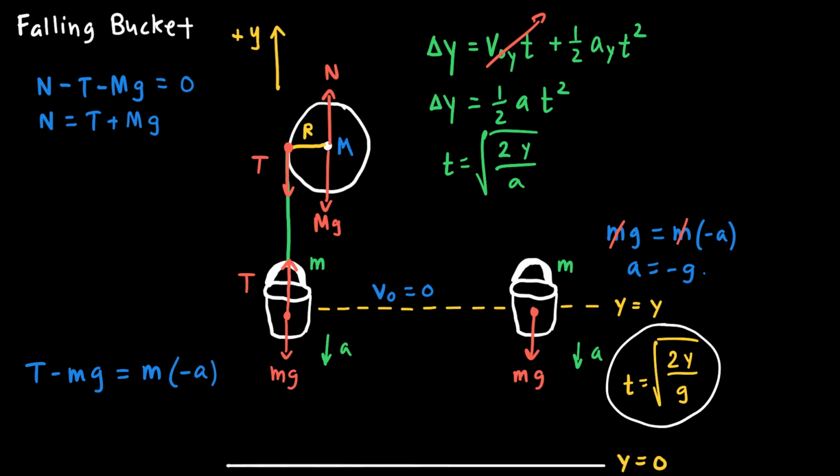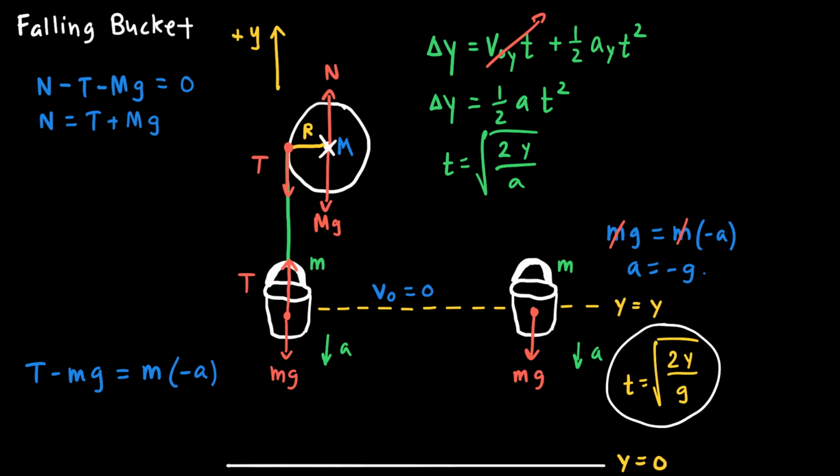The problem we run into with the equation on the left is I can't solve for that acceleration because not only do I not know the mass, but I don't know what the tension is. And so one way we can get around that is by writing an equation for the rotation of the pulley. Because if I look at the pulley, if the axis of rotation is the center point, the tension is what causes the rotation of the pulley.